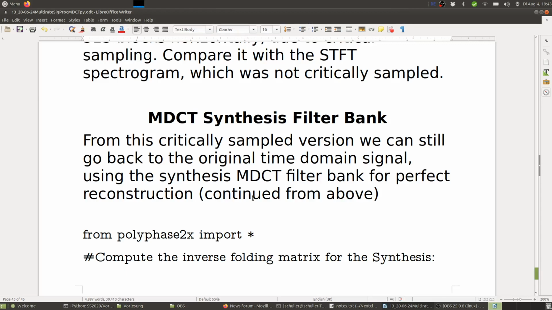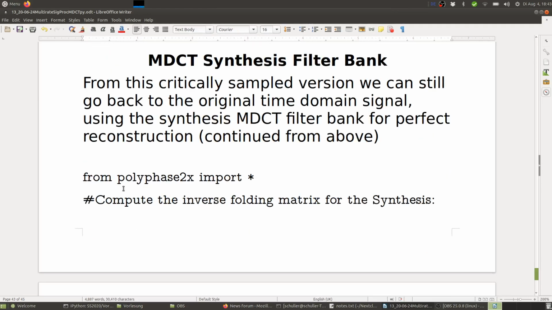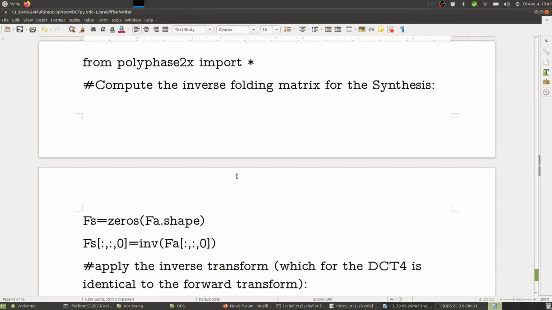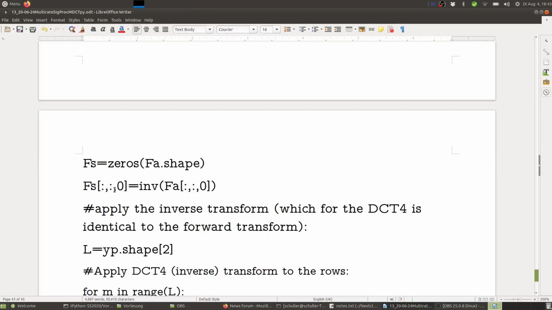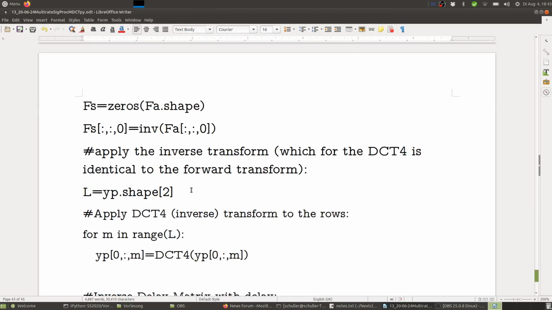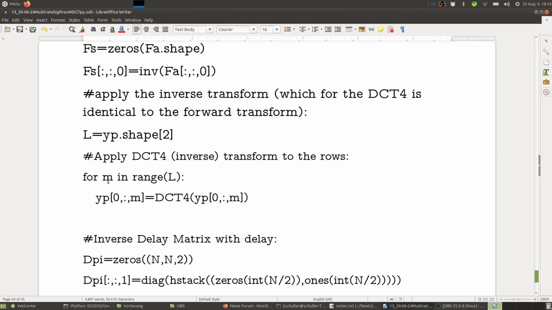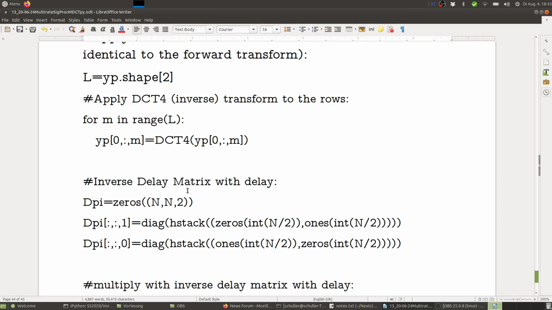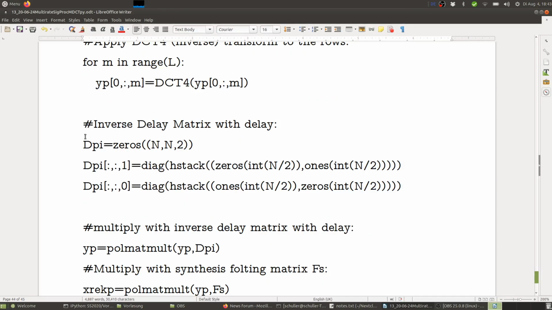Continued from above, basically. For this, we use polyphase to X, and we use the FS. The FS is constructed as the inverse of the FA that we just used. Now we first apply the DCT4, which is identical with the inverse DCT4, to all the blocks using the same for loop. Then we have the inverse delay matrix, DPI, which I'm constructing here.